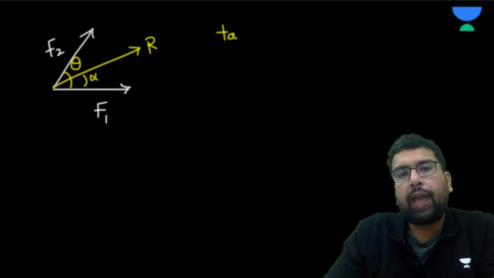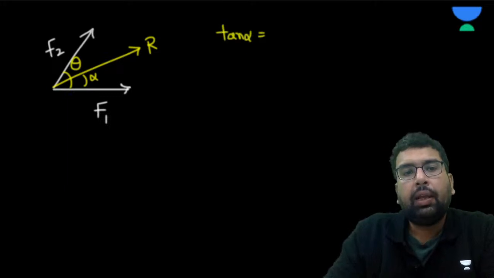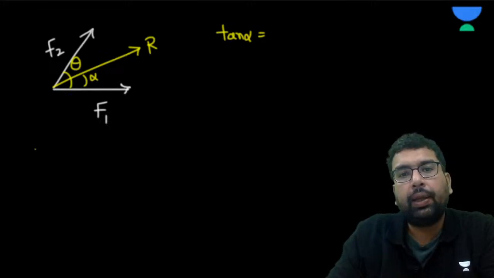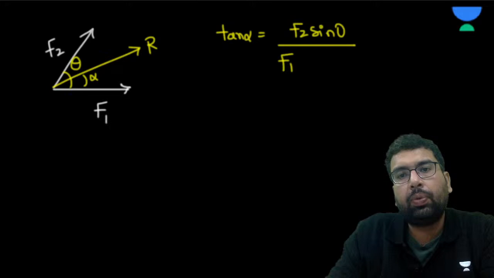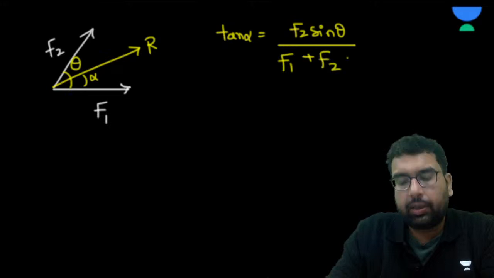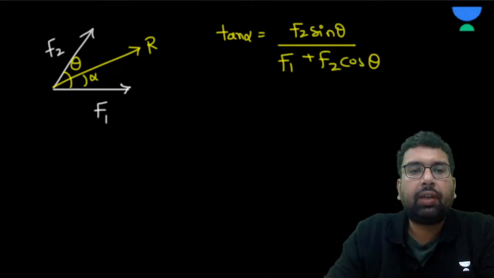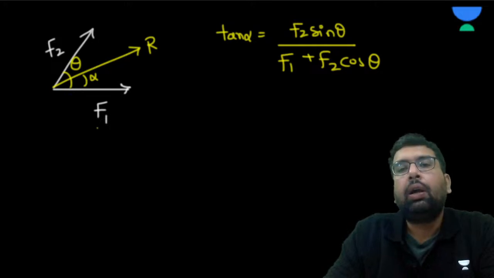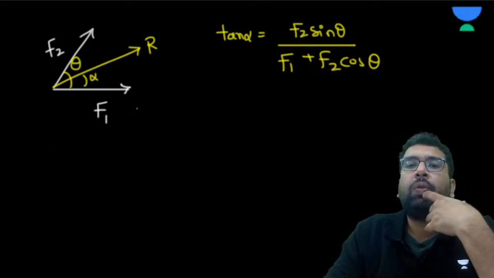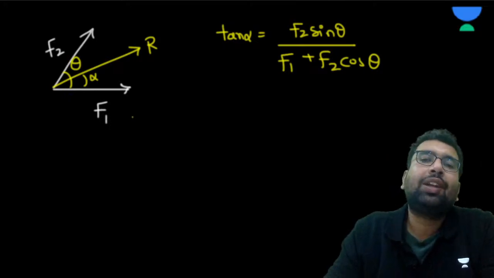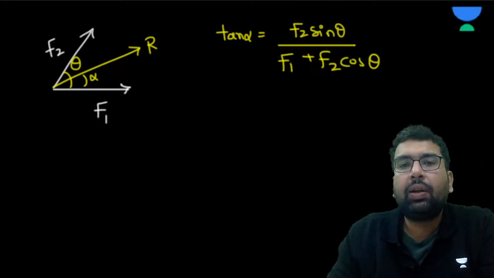So we know that tan alpha is going to be equal to F2 sine theta over F1 plus F2 cos theta. This is the formula we have derived from the law of parallelogram of vectors. Forces are vectors, so you can very easily apply this formula here also.